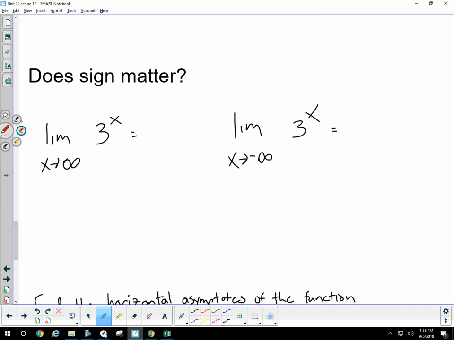Now, these exponentially fast-growing functions throw a wrinkle into things. If I approach positive infinity with 3 to the x, I go to positive infinity. We just grow. But if we are going to the left towards negative infinity, a lot of students assume that we are going to negative infinity. But this is wrong.